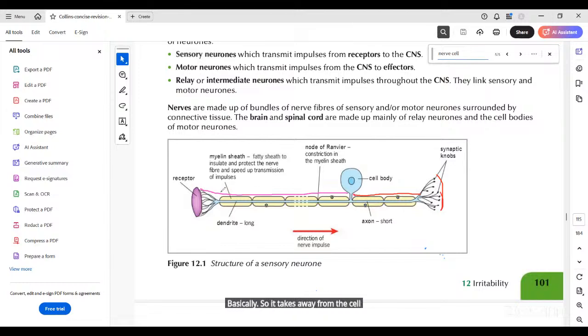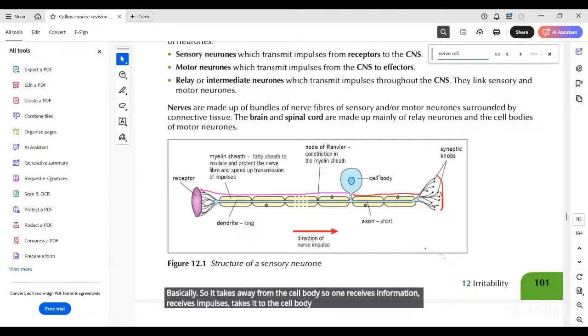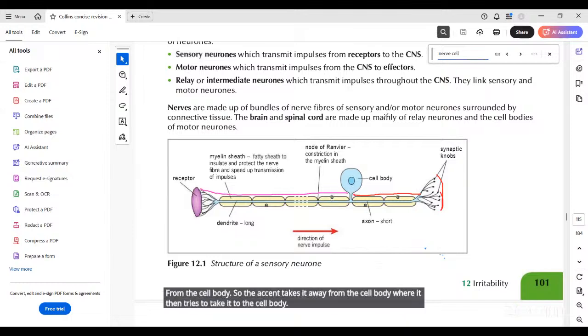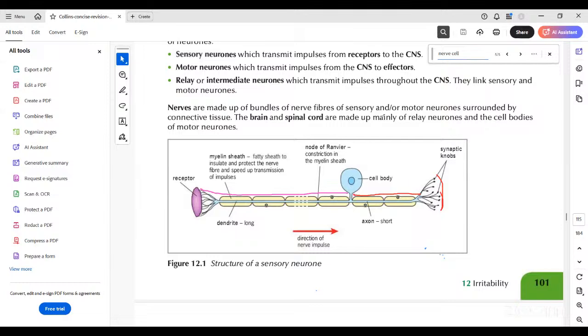One receives the impulses and takes them to the cell body, while the axon takes them away from the cell body. Are we good? Yes, sir. Is there anybody that's not good? I take silence as a yes.